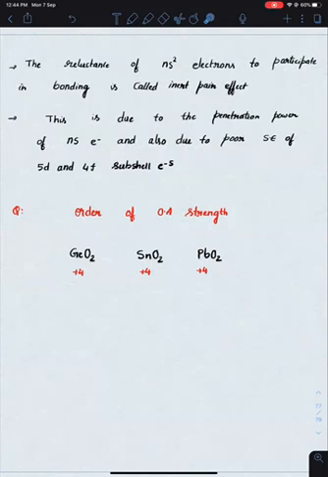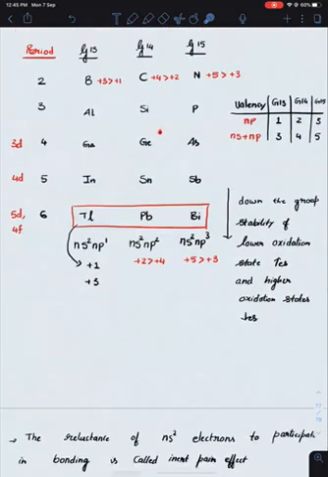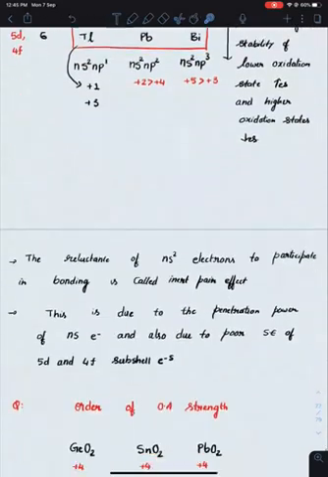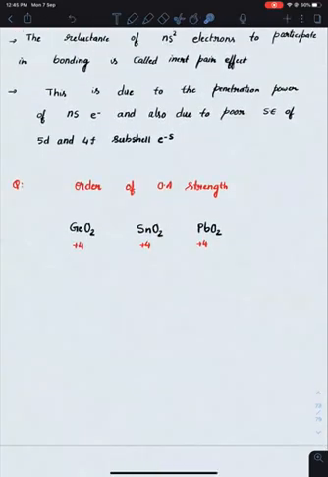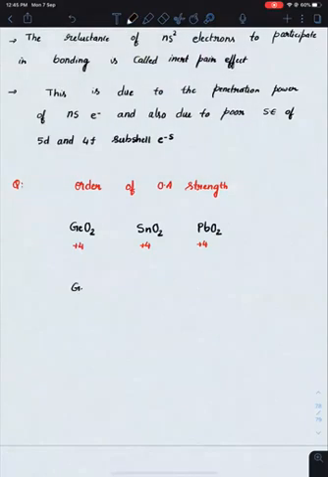Pb. Down the group, the stability of lower oxidation state increases and higher oxidation state decreases. So +2 oxidation state की stability क्या है? Ge +2 is less stable when compared to Sn +2, which is less stable when compared to Pb +2. So Pb has very high tendency to convert from +4 to +2.